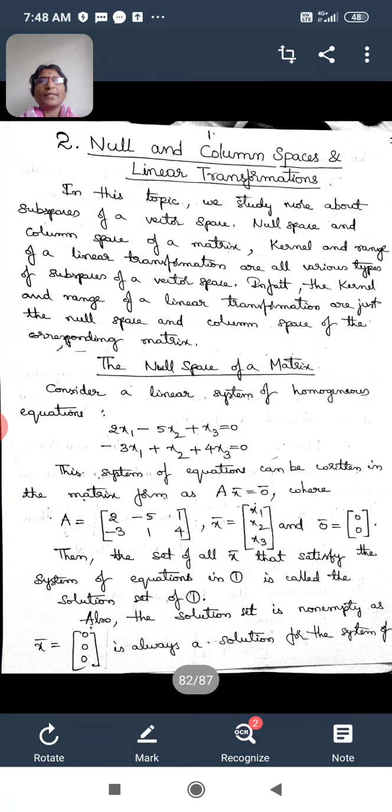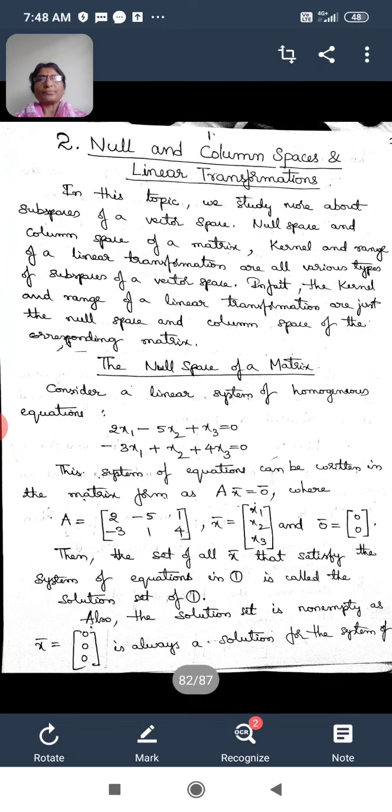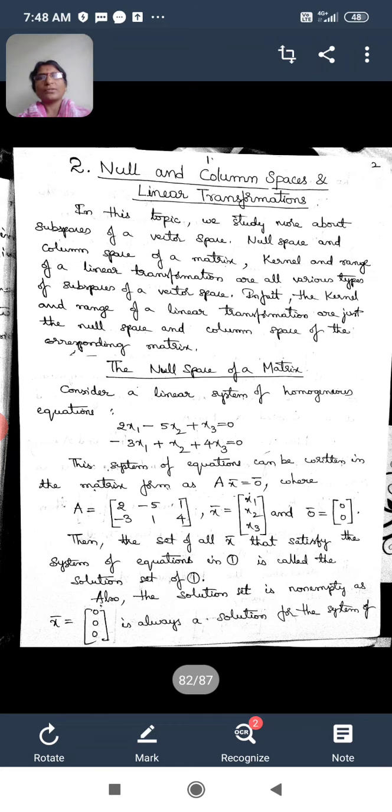In fact, the kernel and range of a linear transformation are just the null space and column space of the corresponding matrix. So in this chapter we are going to learn about four types of subspaces: null space, column space, kernel, and range of a linear transformation.